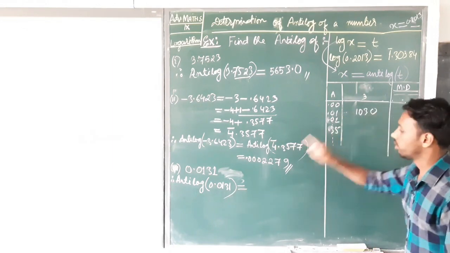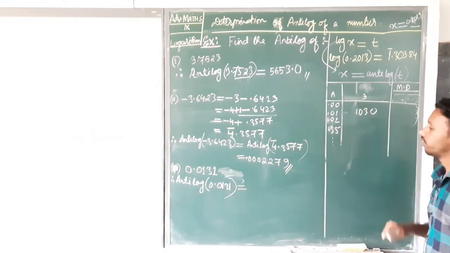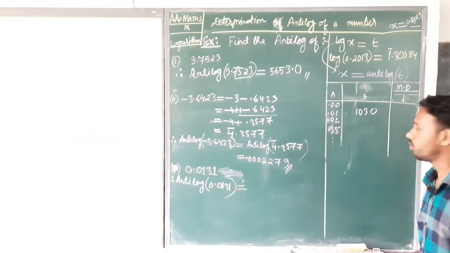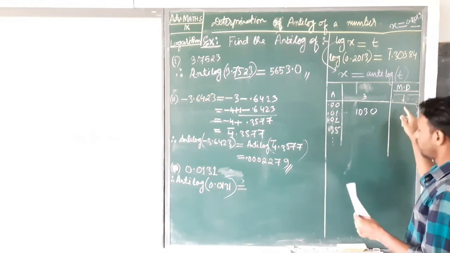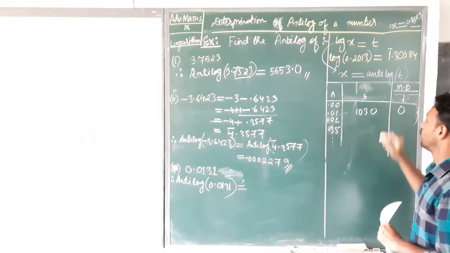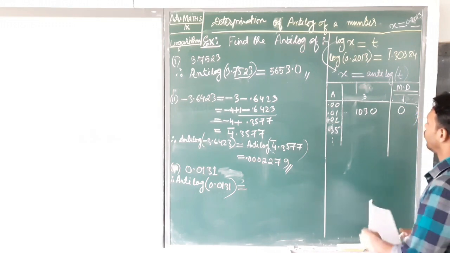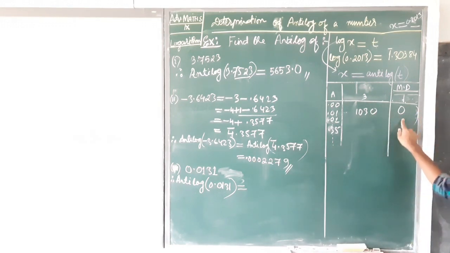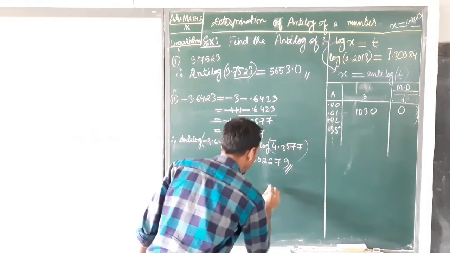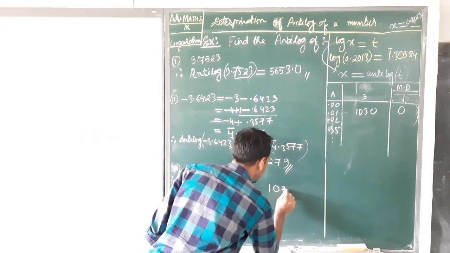Mean difference, how much? 1. So what is the value below mean difference 1? If you see the antilog table, you will get it is 0. So we have 1030 plus 0, same, isn't it? 1030. So what is the value? 1030.